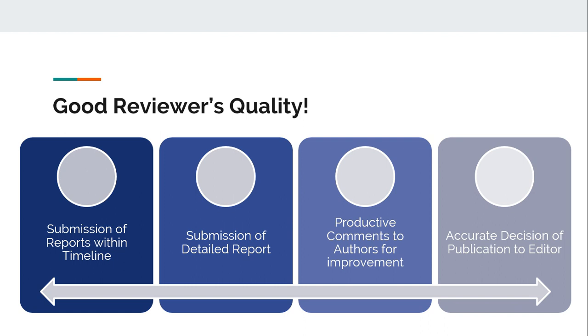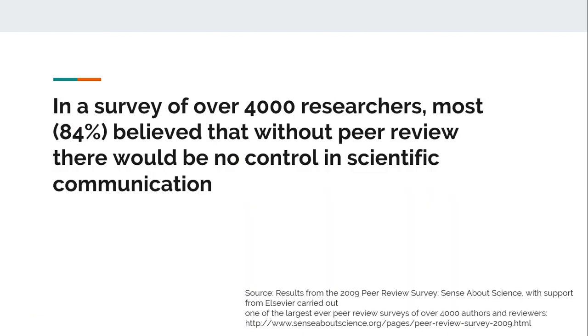So this is all about how the different types of peer review process work, and the qualities of a reviewer. And there is a survey of over 4,000 researchers, in which most, 84%, believe that without peer review there would be no control in scientific communication.